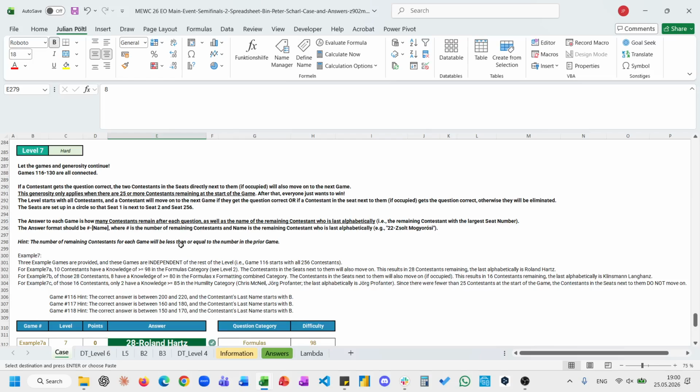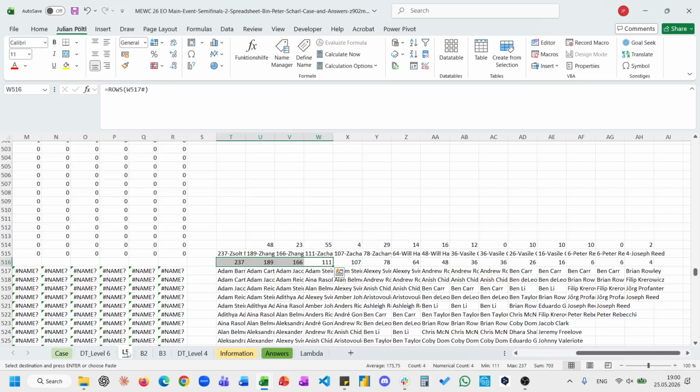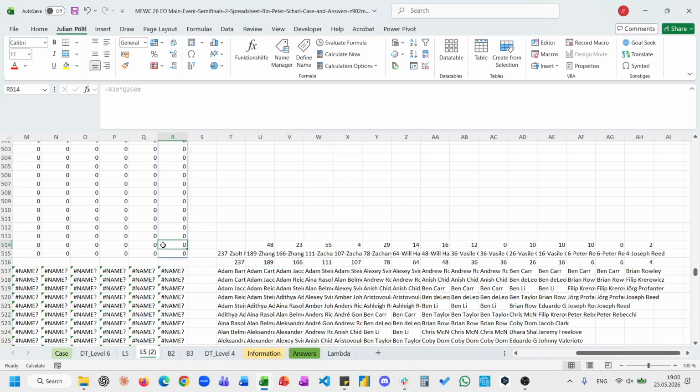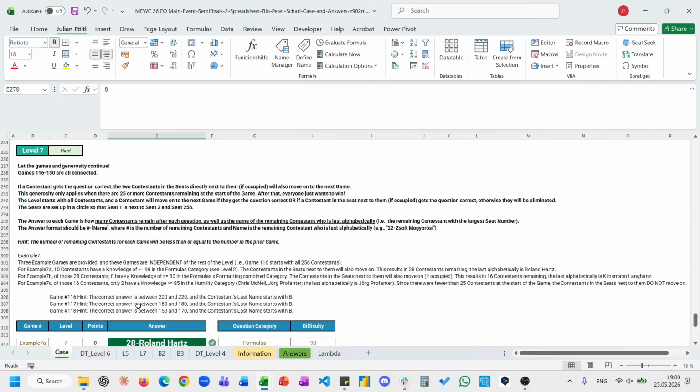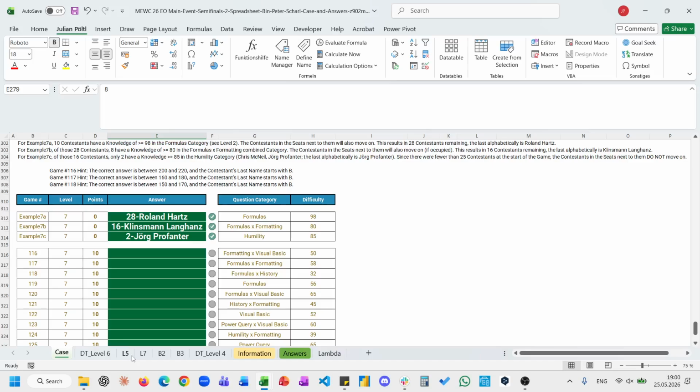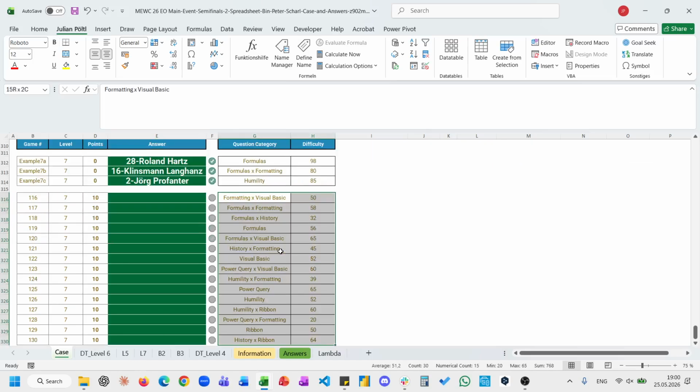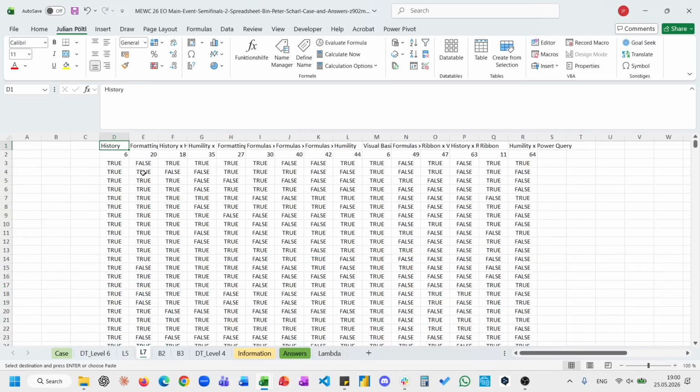So this is basically kind of like what I did in level 5, with some differences. Level 7.